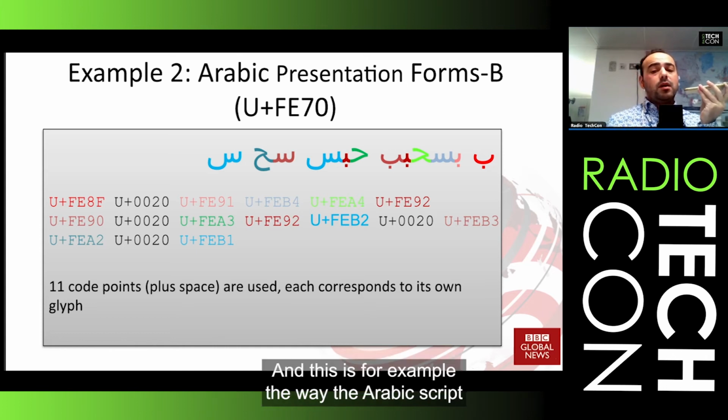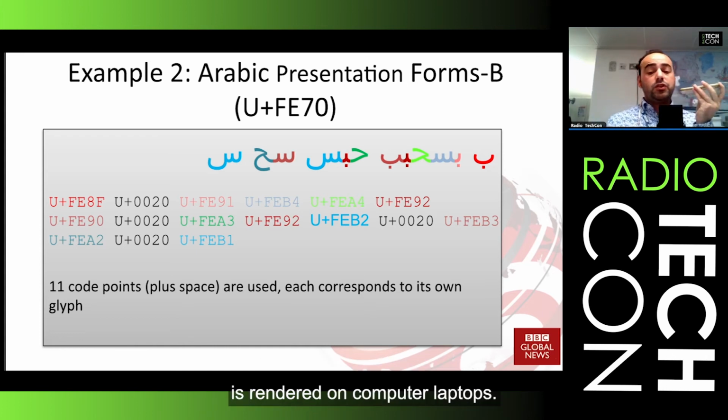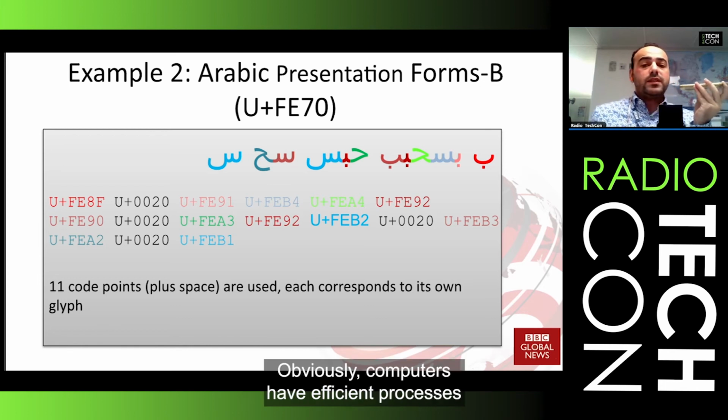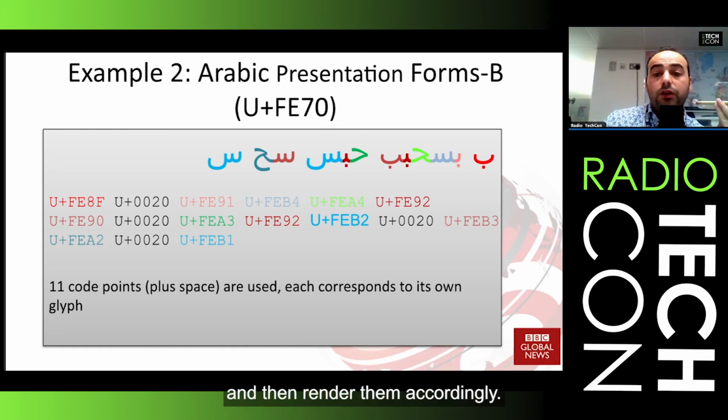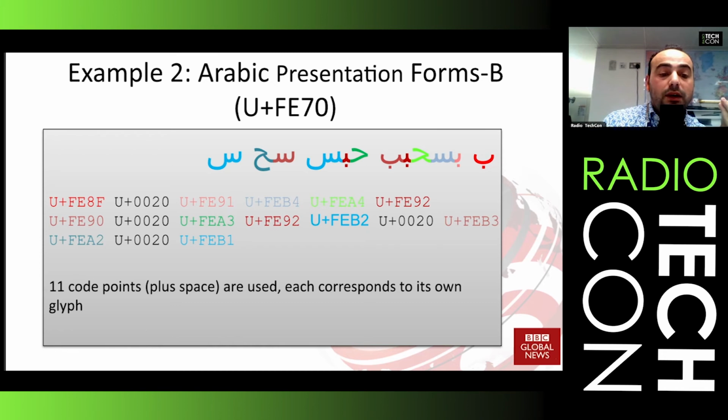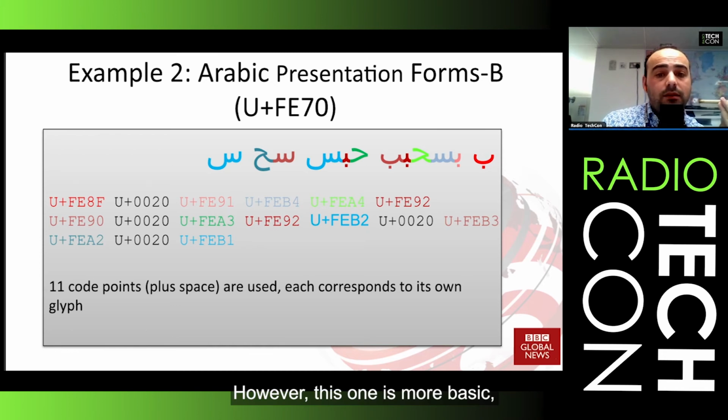This is, for example, the way the Arabic script is rendered on computer laptops. Obviously, computers have efficient processors that can run through the permutation of Arabic letter shapes and then render them accordingly. However, this one is more basic. In terms of memory, it does the same thing, and I would say it's more reliable.